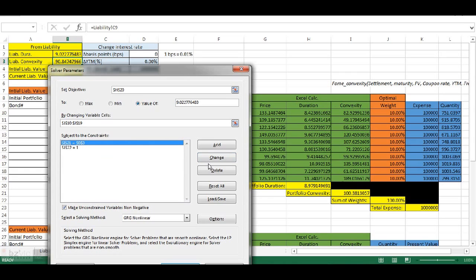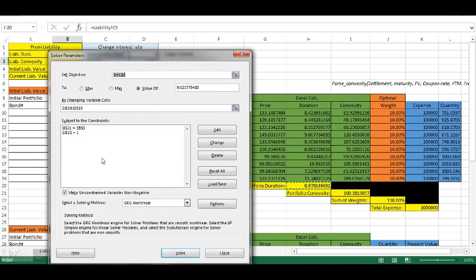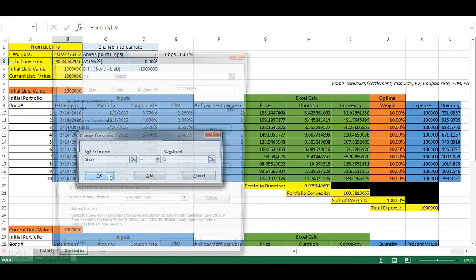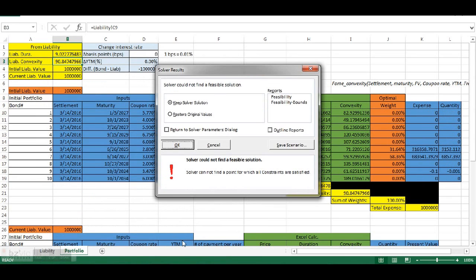As we want to control the convexity, we set the portfolio convexity to equal the liability convexity. Another simple constraint is that the sum of weight must be 100%. We don't have any shorts, so the other constraint is non-negative numbers. We use GRG nonlinear to solve.